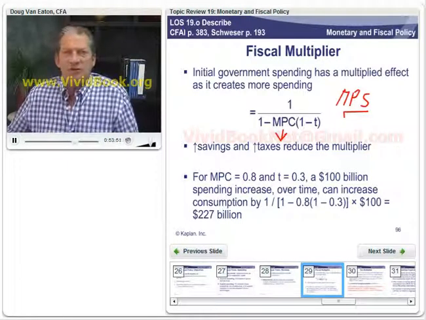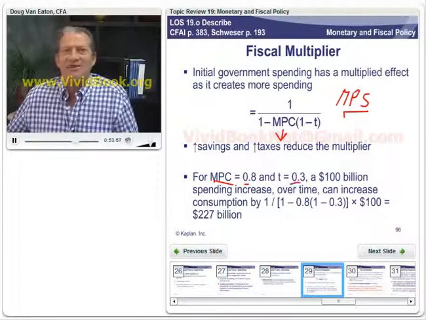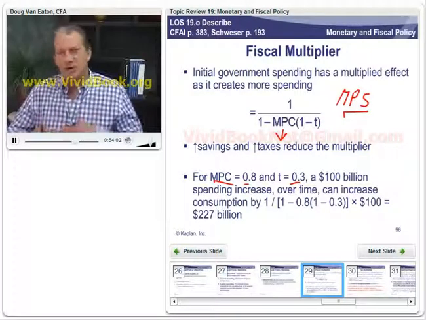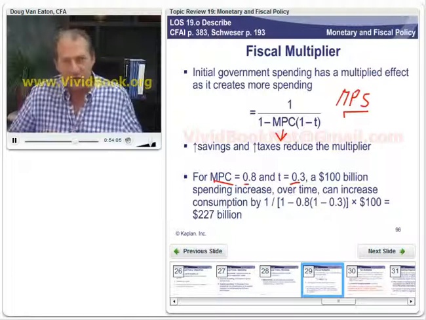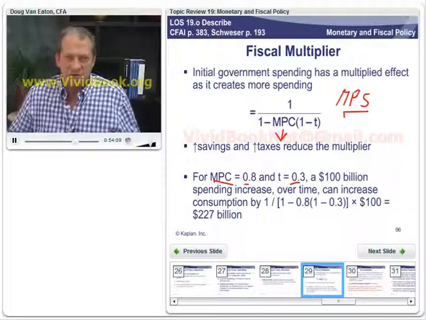So, a simple example here for a marginal propensity to consume of 0.8 and tax rate of 0.3, a $100 billion spending increase over time, because it takes time for this money to flow through all those hands I talked about, can increase consumption by this fiscal multiplier.